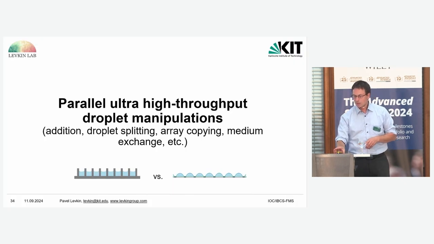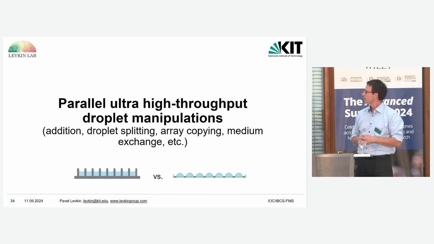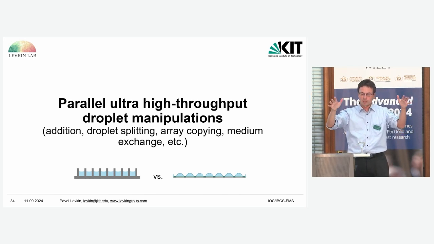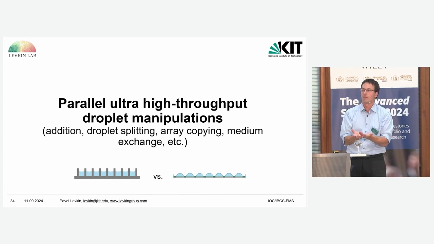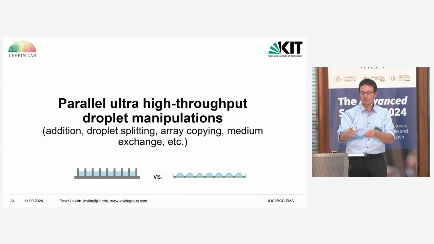Another interesting difference of droplet microarrays from microtiter plates is based on the fact that in microtiter plates you have liquids that are confined in cavities or wells like here, so they're inside of the cavities.